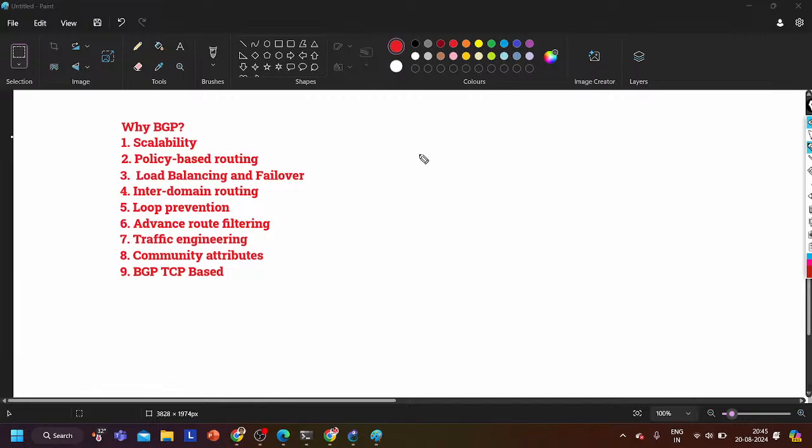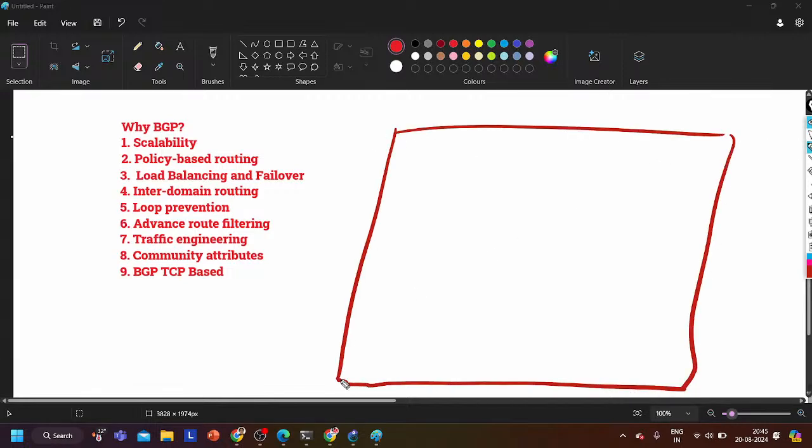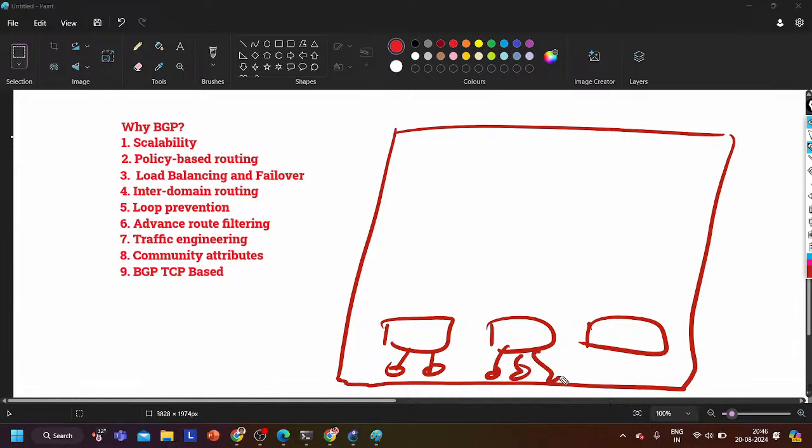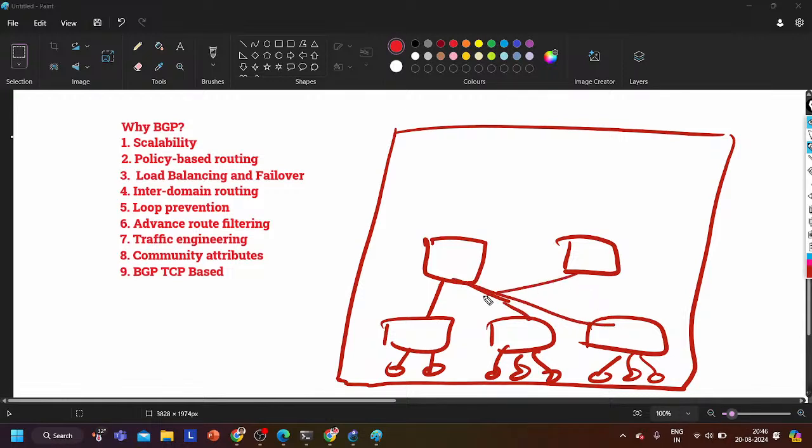Let's say this is my company and my internal network is this. We have some access layer switches and all end devices are connected with these access layer switches. Then I have some distribution layer switches. All access layer switches are connected like this. I have some routers.